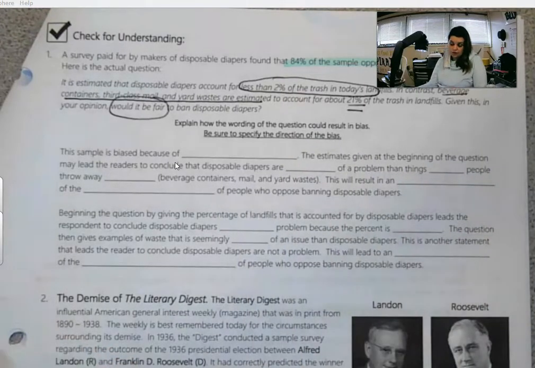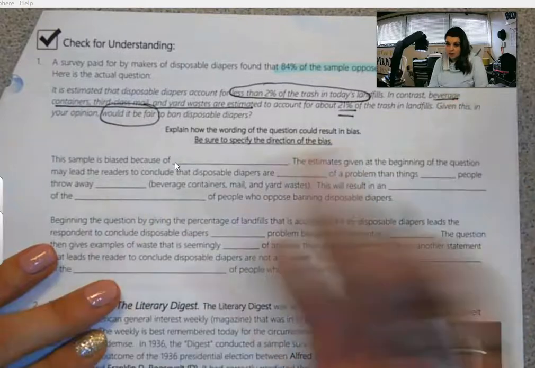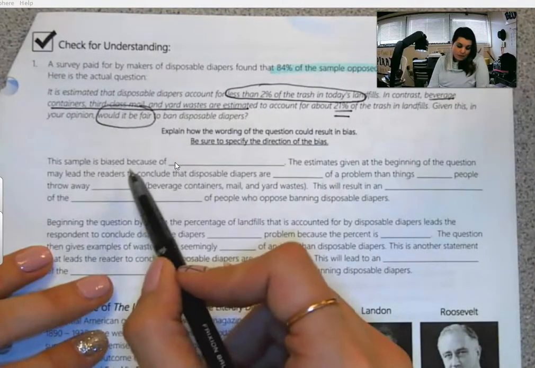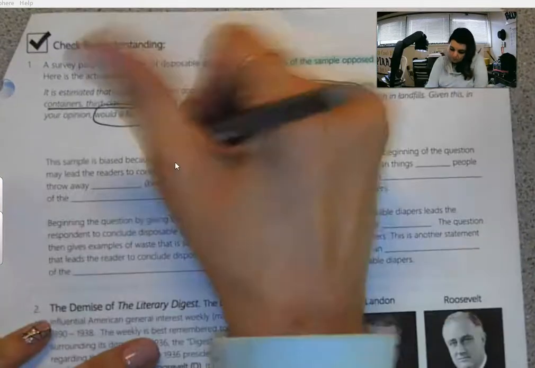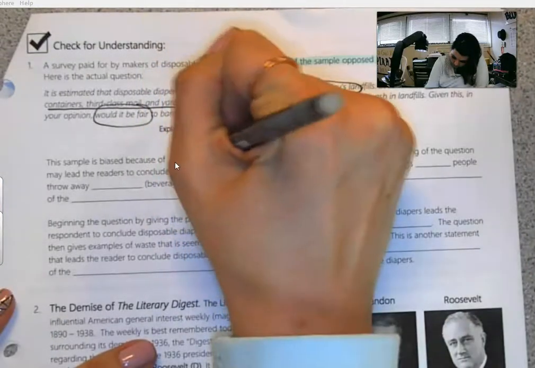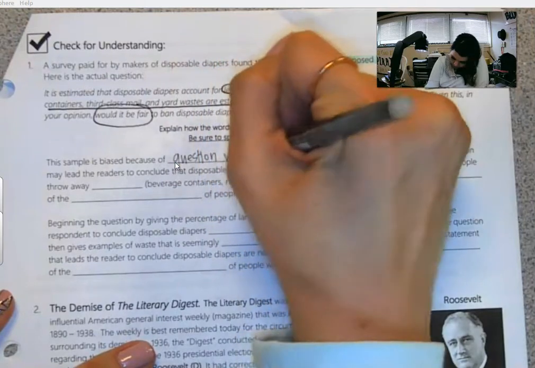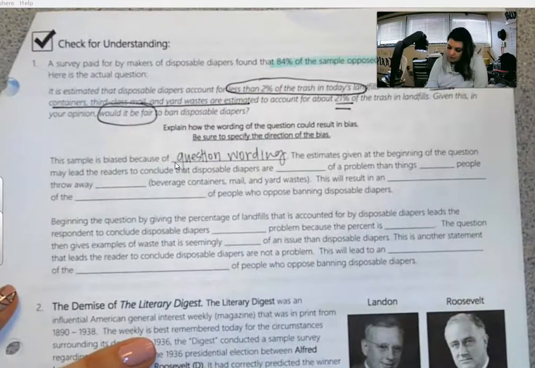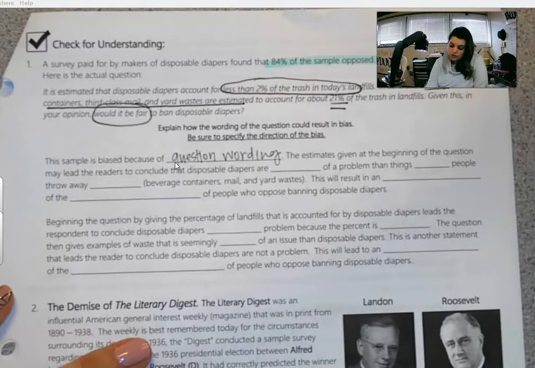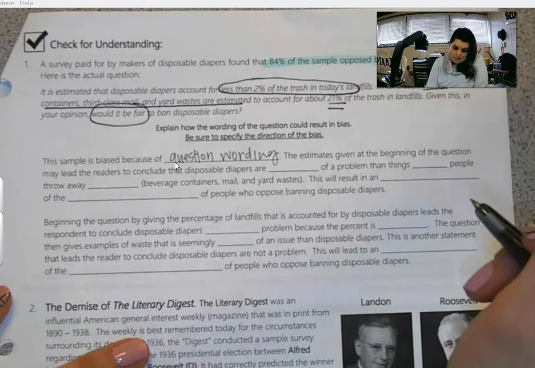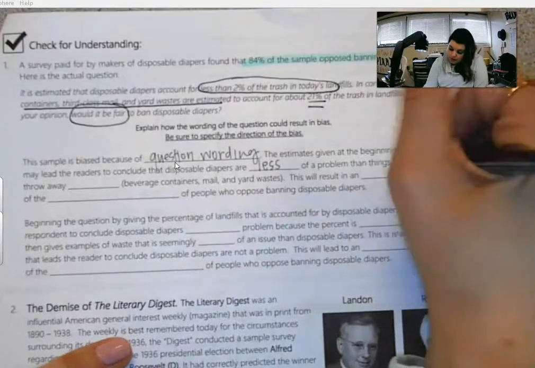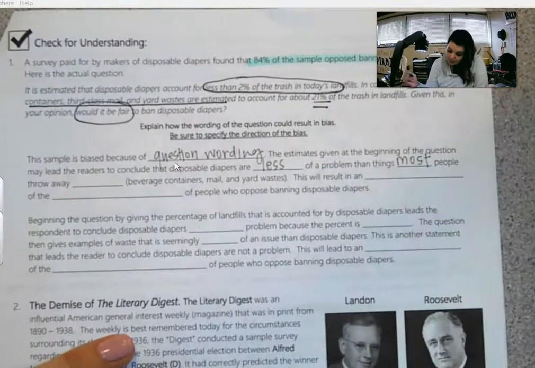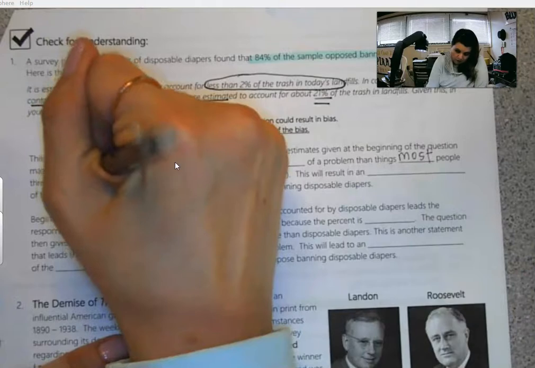So here's the first example, because these aren't the only 2 options. This sample is biased because of question wording. We got to write it out, though. We can't just say QW. The estimates given at the beginning of the question may lead the readers to conclude that disposable diapers are less of a problem than things most people throw away often.